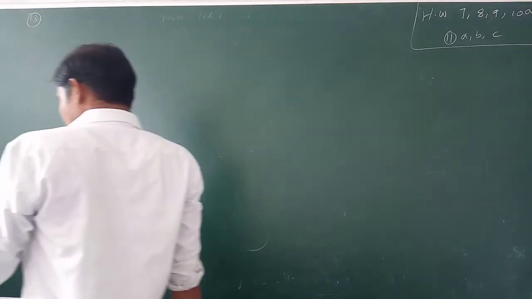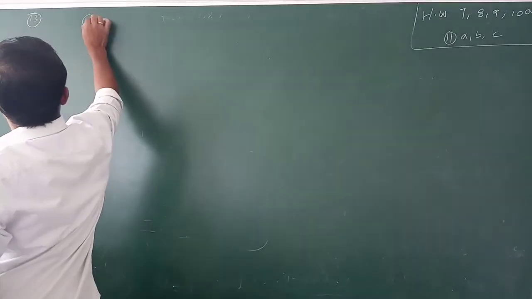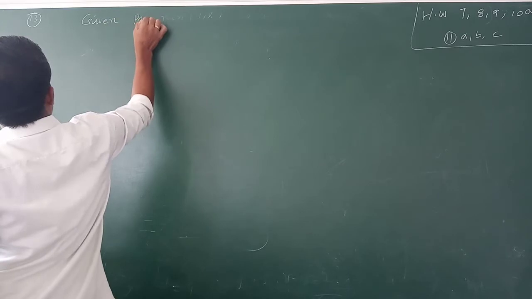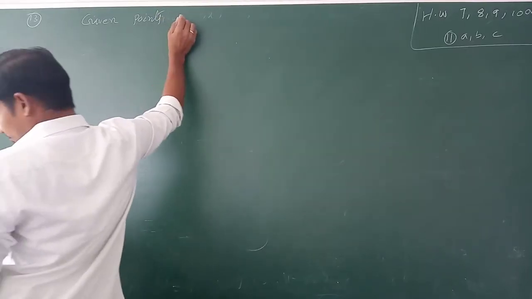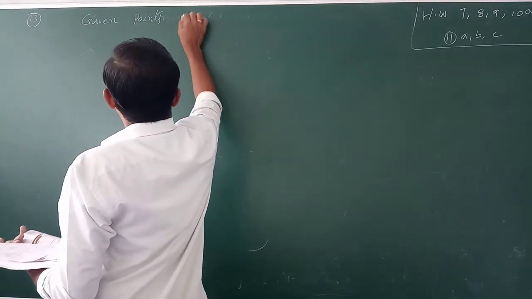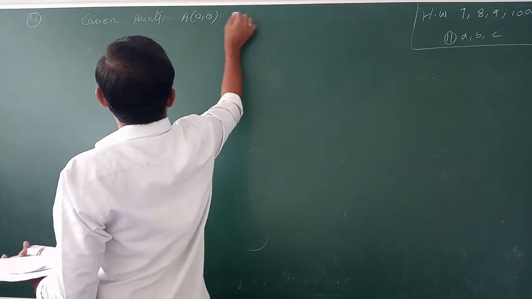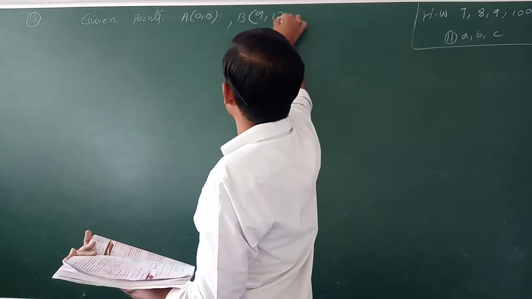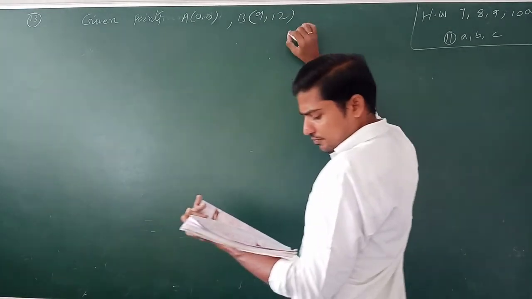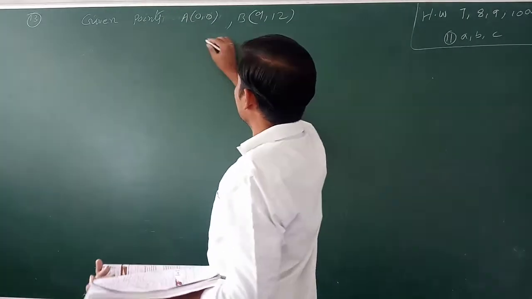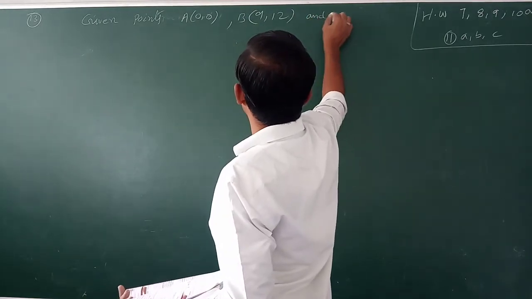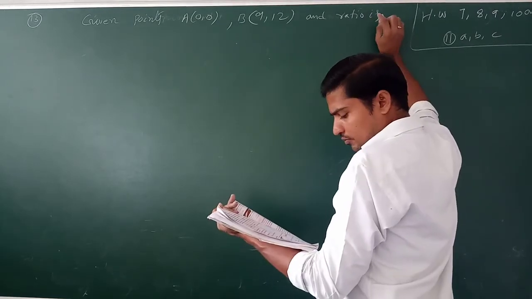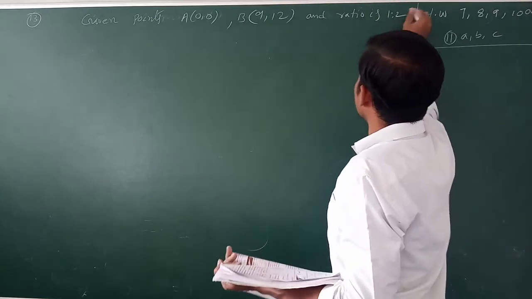Given points A (0, 0) and B (9, 12) and the ratio is 1:2.